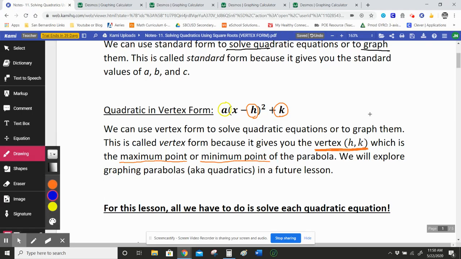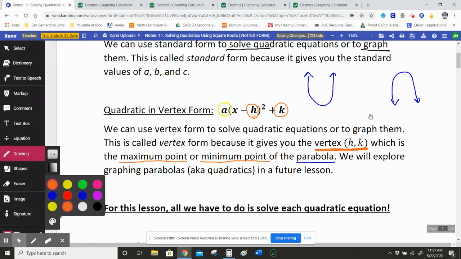And the parabola is that shape that you have probably seen before in a lot of these problems when you've checked with Desmos. A parabola is basically a graph that looks kind of like the letter U, either going upwards or going downwards, but essentially it's the same shape. The vertex is the point that is either at the very top or at the very bottom of that shape.